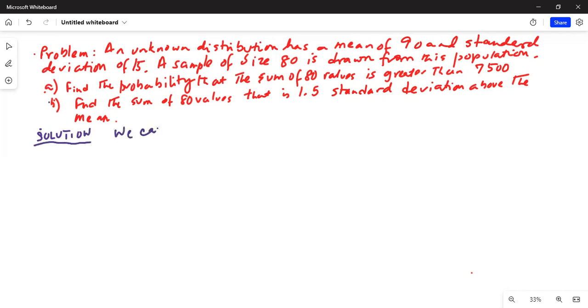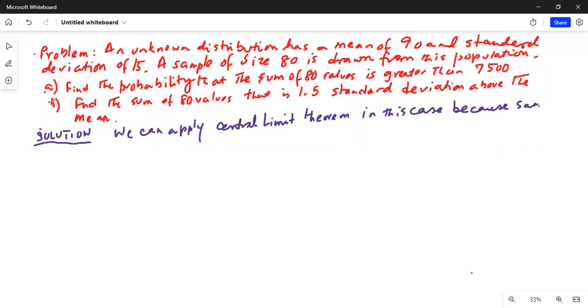We can apply the central limit theorem in this case because the sample size is greater than 30.